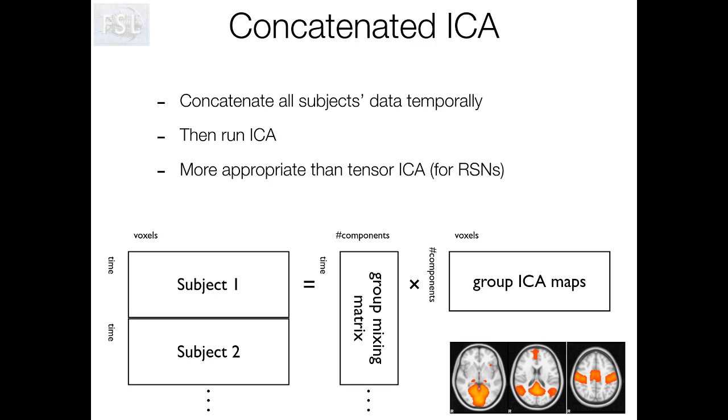Basically, in practical terms, this means that before we perform group ICA, we need to register and transform the fMRI data from each individual subject into a common space, such as the MNI 152. And once we've done this, we will have the same number of voxels for every subject, and we will have anatomical correspondence across those voxels. So we can then concatenate the data along the time dimension and analyze it all at once.